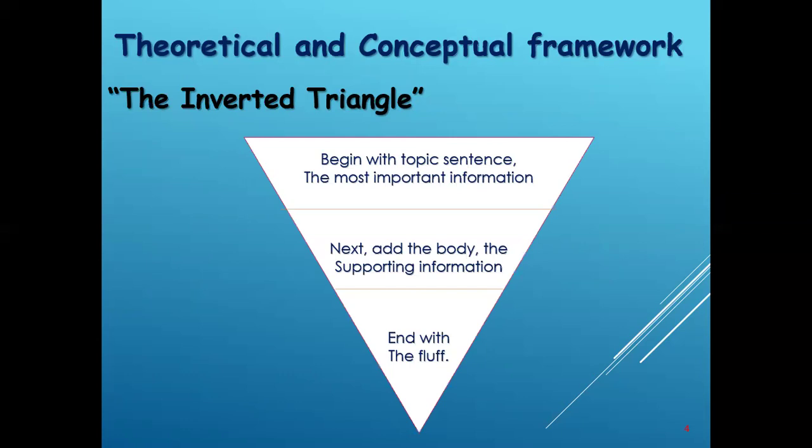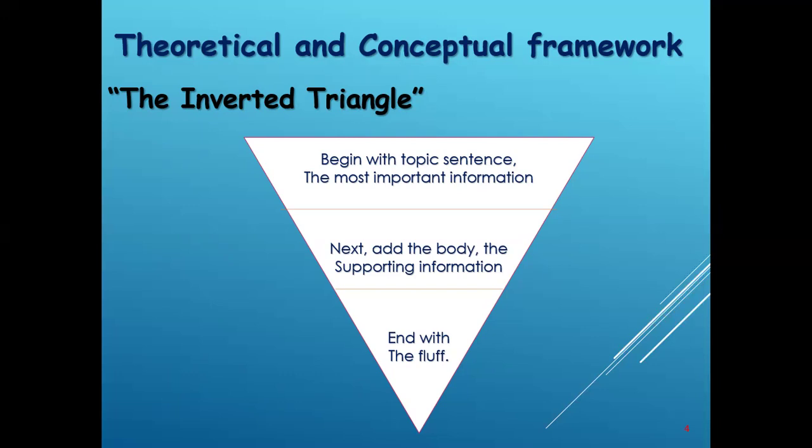The main topic is theoretical and conceptual framework, the inverted triangle. It is divided into three parts. Begin with topics and trends, the most important information. So what is your topic and trends? It's the most important.